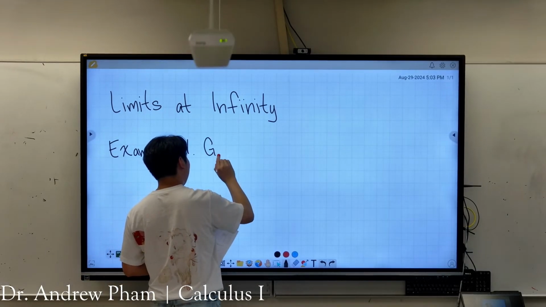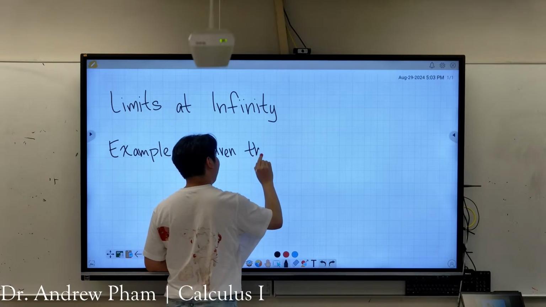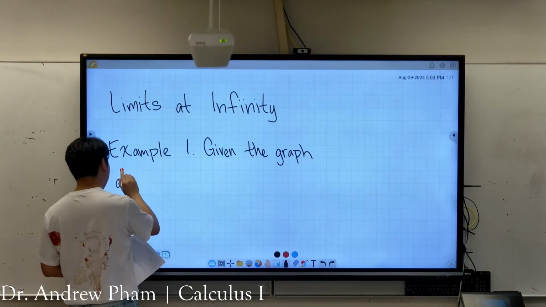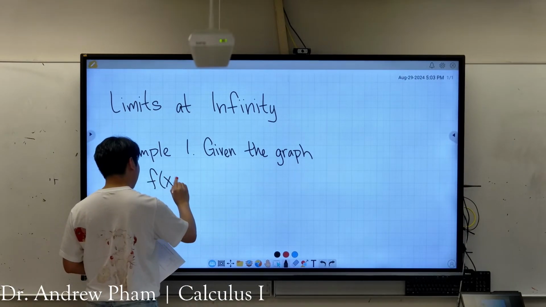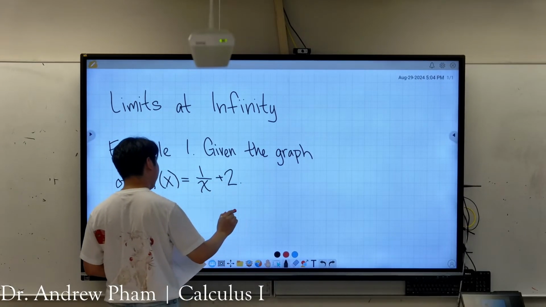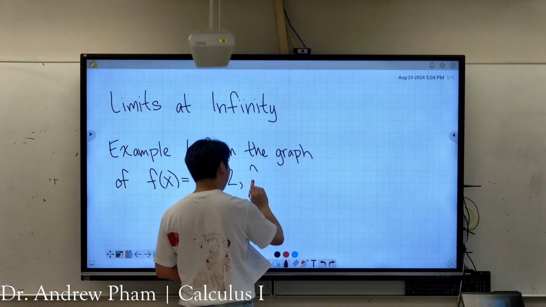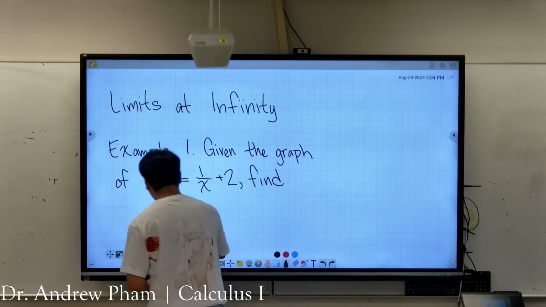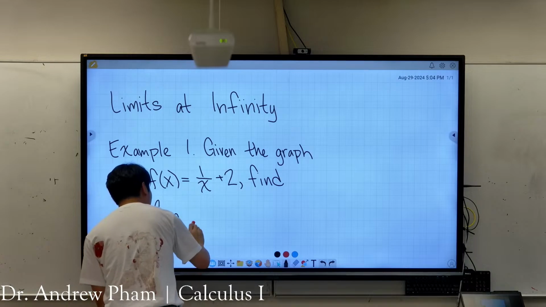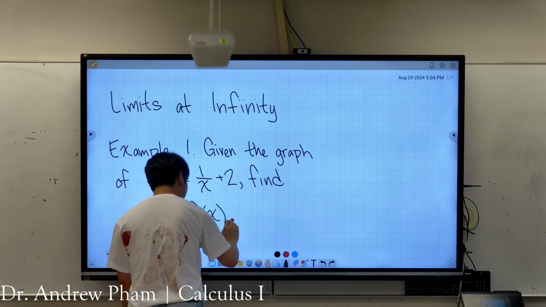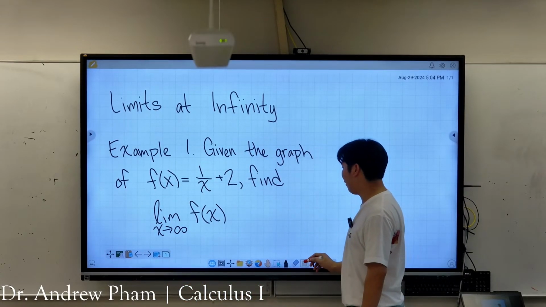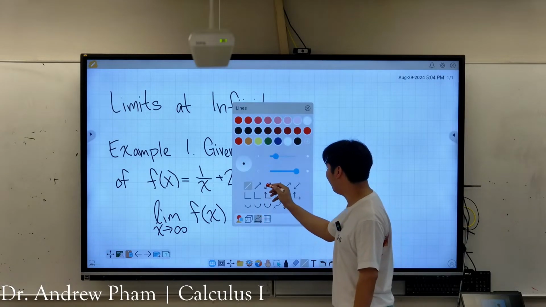Given the graph of, let's say, the function f of x is equal to 1 over x plus 2, find out what is the limit as x approaches infinity of my function. And I will give you a graph in just a moment.